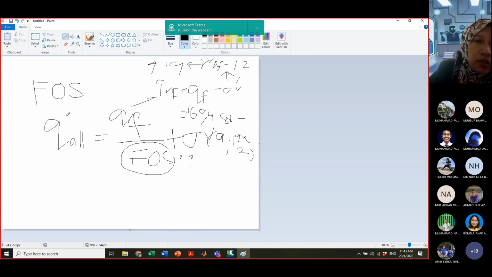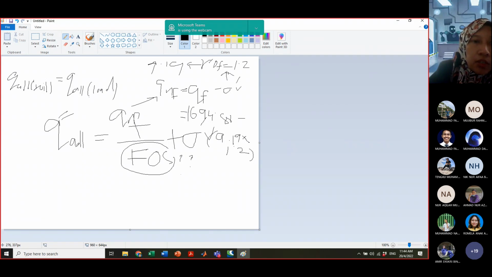But kita boleh assume yang mana Q allowable footing soil, maknanya beban dari structure dikenakan ke atas tanah, sama dengan Q allowable daripada loading.